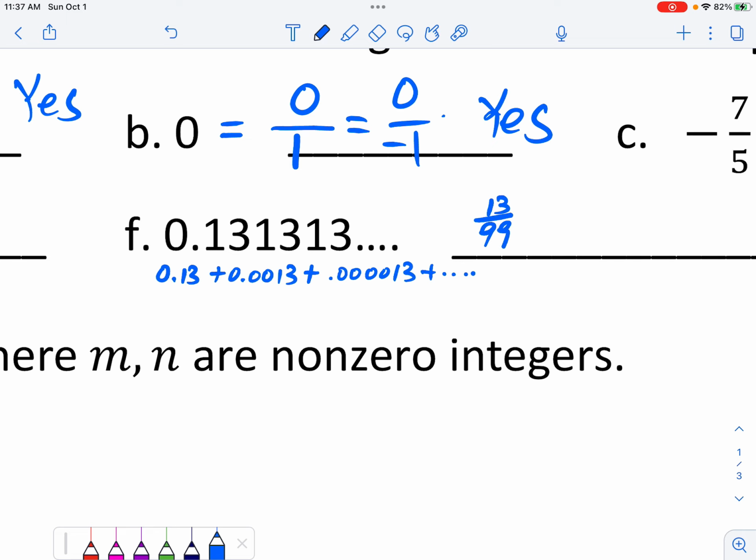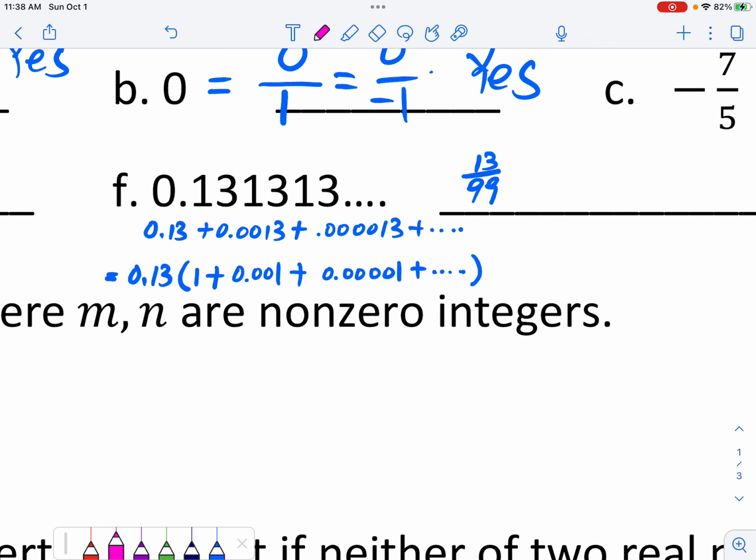Then you can think of this as factoring out 0.13, and then here you get 1 plus 0.0001, and the next one is 0.00001, and the next one will have two extra zeros. And now this actually is a geometric series, because each term multiplies the previous by the common ratio.